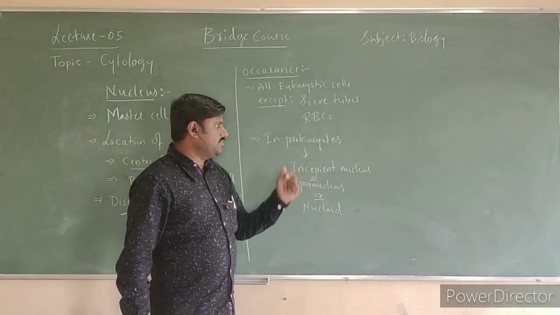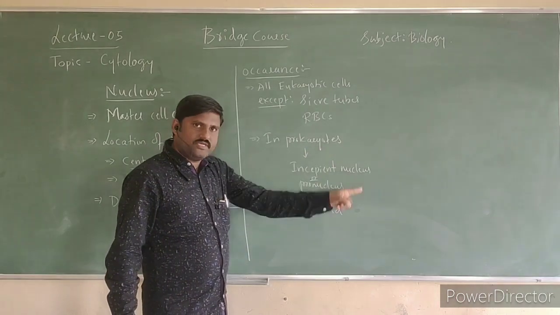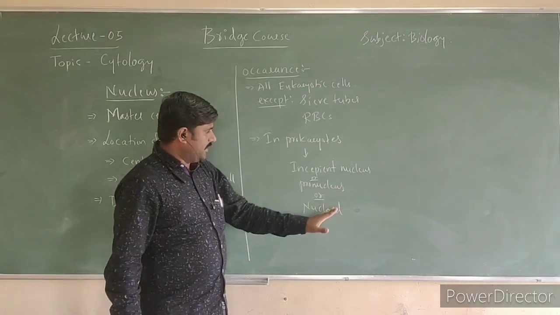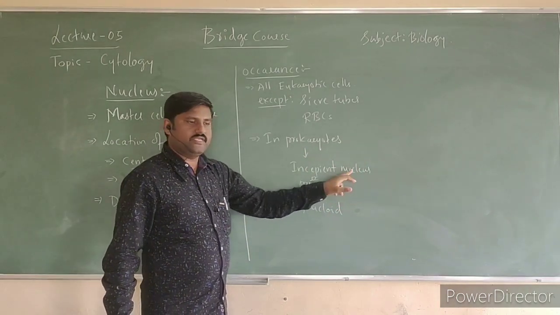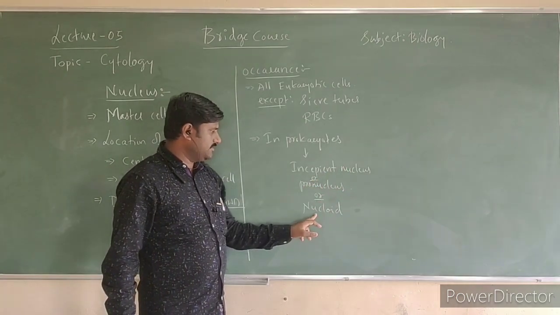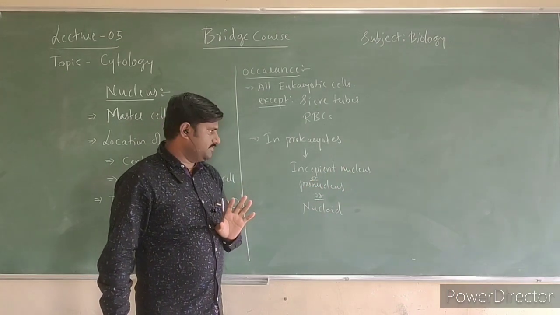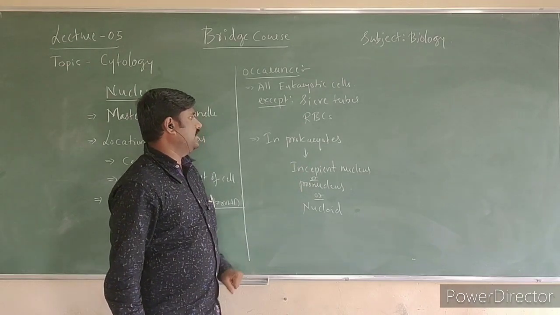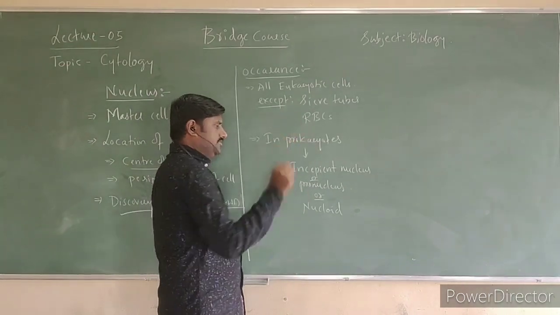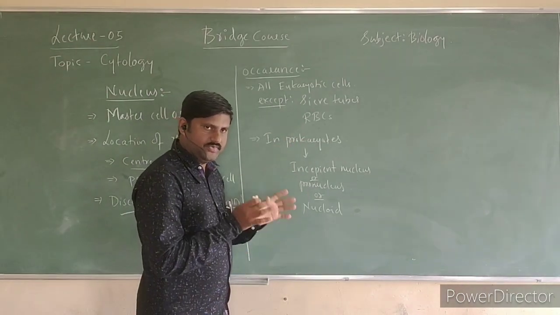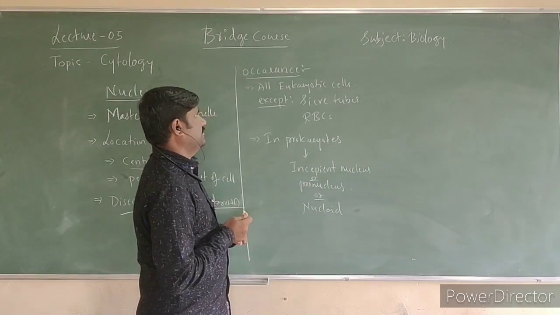So it is a type of nucleus in which the nuclear membrane is absent. Hence it is called an incipient nucleus or a pronucleus or nucleoid. In prokaryotes, a definite nucleus or complete nucleus is absent.